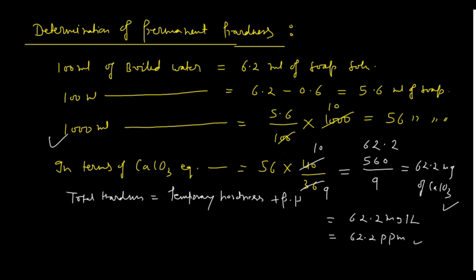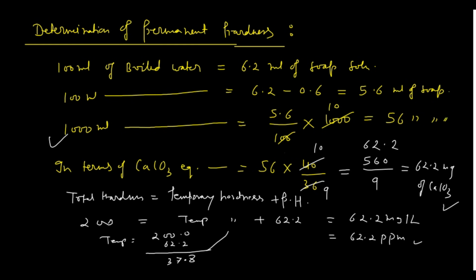Your total hardness was 200, and temporary you need to calculate, and your permanent hardness is 62.2 ppm. So your temporary hardness equals 200 minus 62.2, which gives 137.8 ppm. This is your temporary hardness, right?